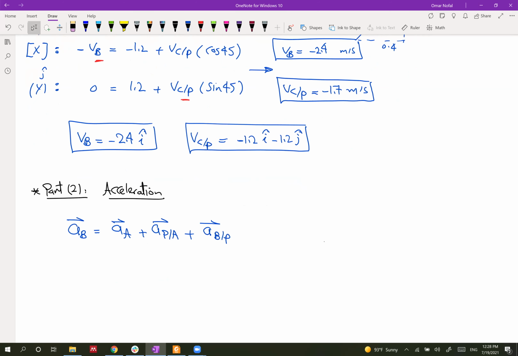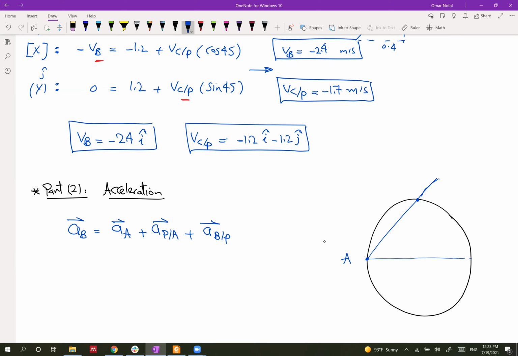So let's draw a circle and see how these accelerations are mapped. We have this as point A. Okay. So point B is on this arm.